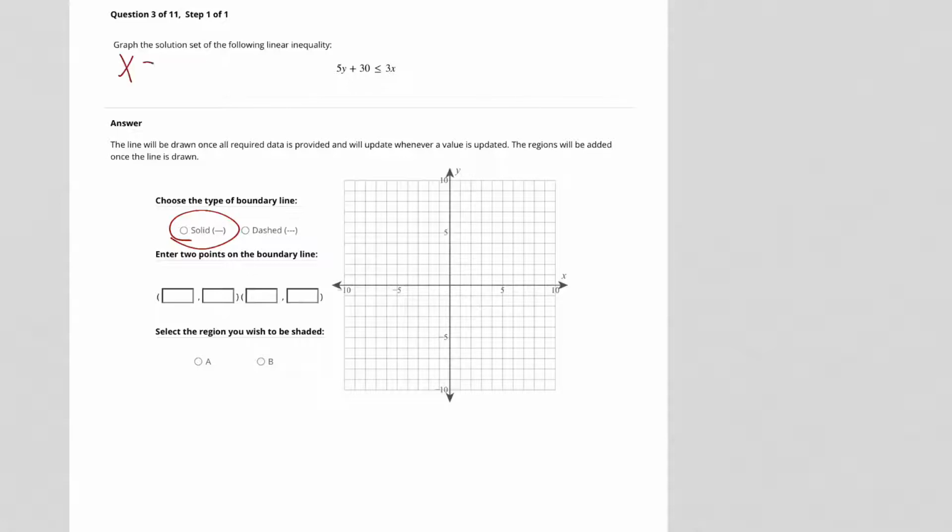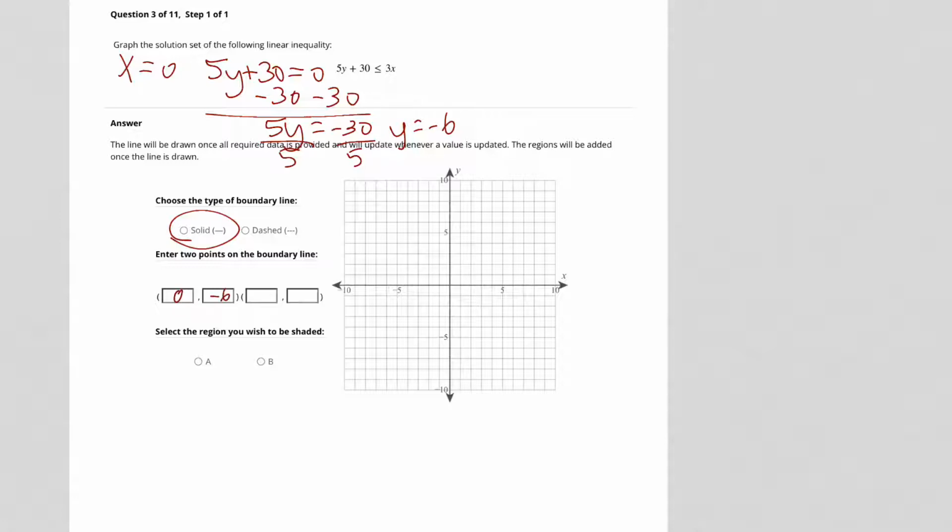When I plug x equals 0 in, that leaves me with 5y plus 30 equals 0. I'm going to have to subtract 30. 5y equals negative 30. Divide by 5, y equals negative 6. My first ordered pair will be 0, negative 6, which is down here.